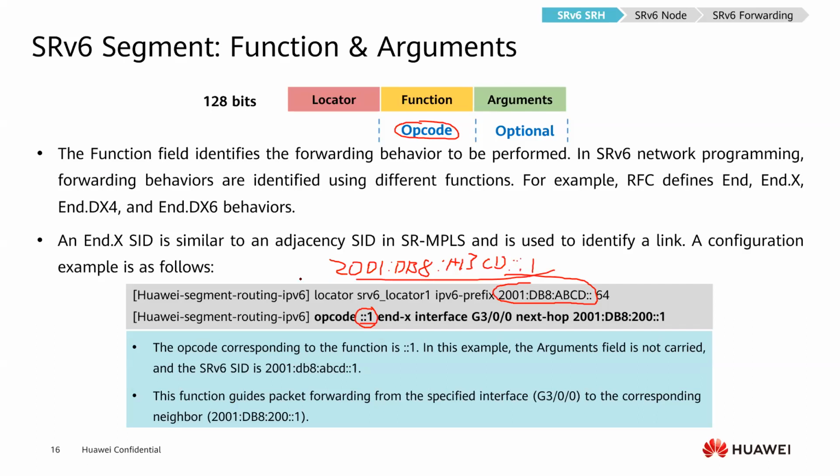So this means I am located here. This is my locator, and this ::1 segment will be used as an End.X segment. What is an End.X segment? Later I will mention it, but basically End.X means the interface. So this segment indicates a certain interface. If I receive a packet whose destination is this IPv6 address, I should send it out from this interface.